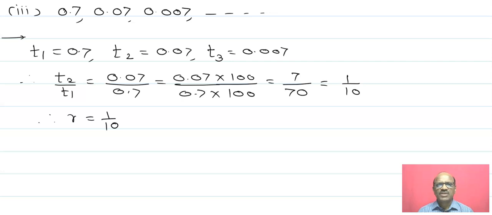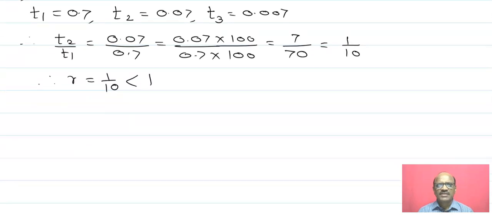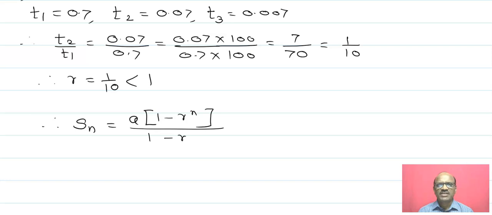Therefore R is equal to 1 upon 10, which is less than 1. Therefore Sn is equal to A in bracket 1 minus R raised to n upon 1 minus R.